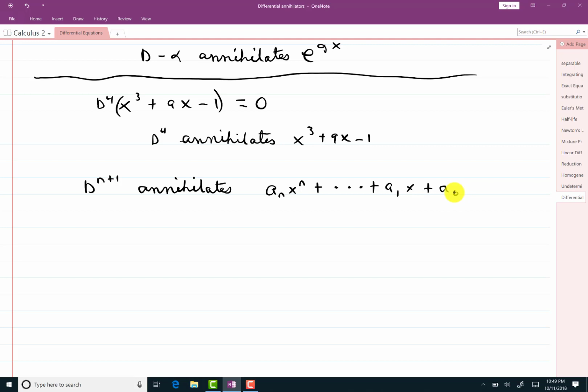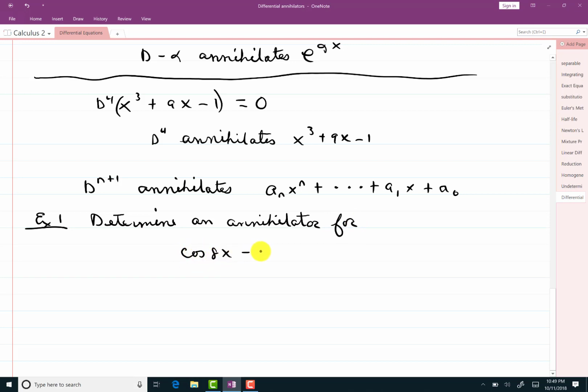Let me do an example. I'm going to call this example 1. Determine an annihilator for cosine of 8x minus sine of 8x.